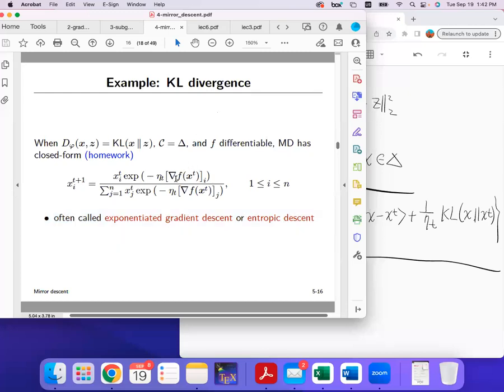And the update rule is very simple. You just need to compute the gradient. And based on the gradient vector and x_t, you can do this update rule. You can do this update coordinate-wise, one by one, but you can also do it in parallel.